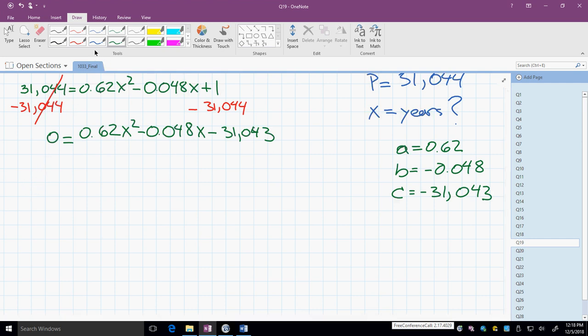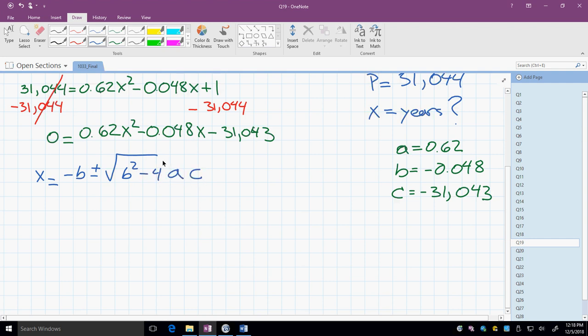Quadratic formula: x equals negative b plus or minus the square root of b squared minus 4 times a times c, all over 2a.